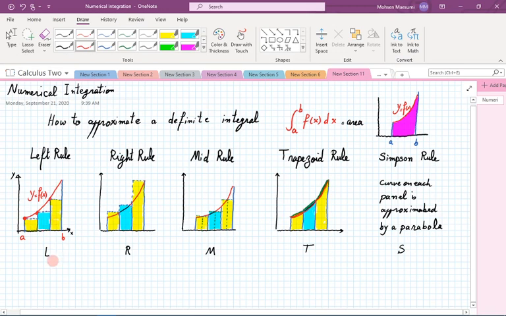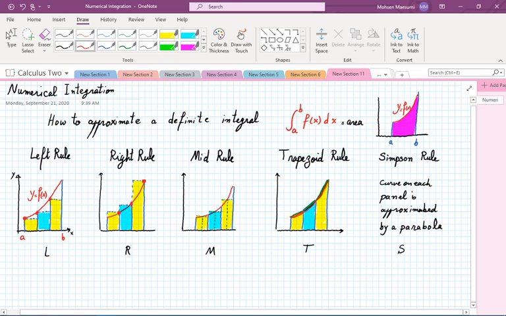So we might think about an alternate way. Instead of choosing the left point to make your rectangle, let's choose the right point. When I slice up this area into panels, I pick this point, and this point, and then I build my rectangle out of the height of the function at these points.